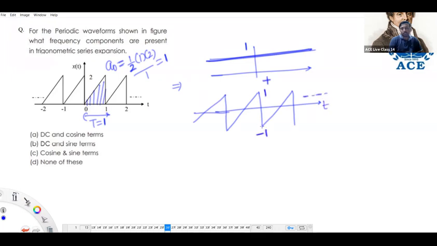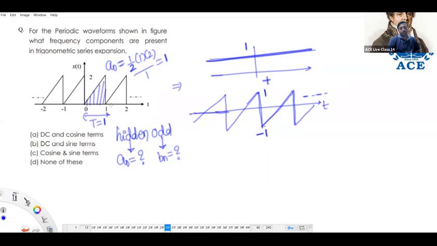Originally, it is an odd signal to which an extra DC is added. 1 plus 1 becomes 2. 1 minus 1 is, this point is shifted to the horizon. So it exhibits hidden odd symmetry. What component is hidden inside the signal? DC value. Because it is an odd signal, it will have sine terms.